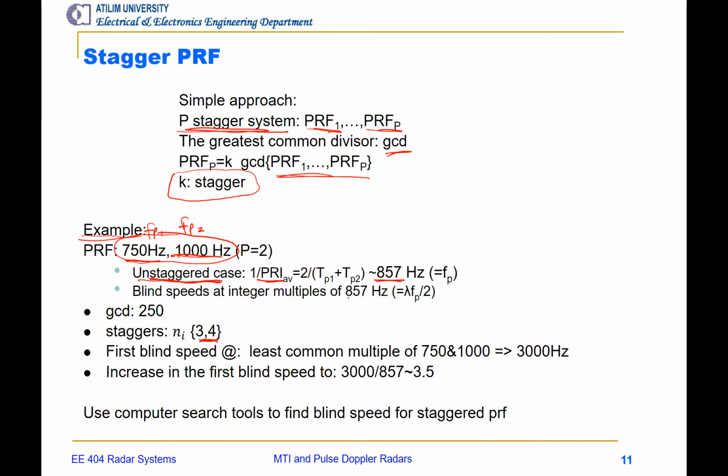And then the first blind speed is going to be the integer multiples of this 857 hertz.